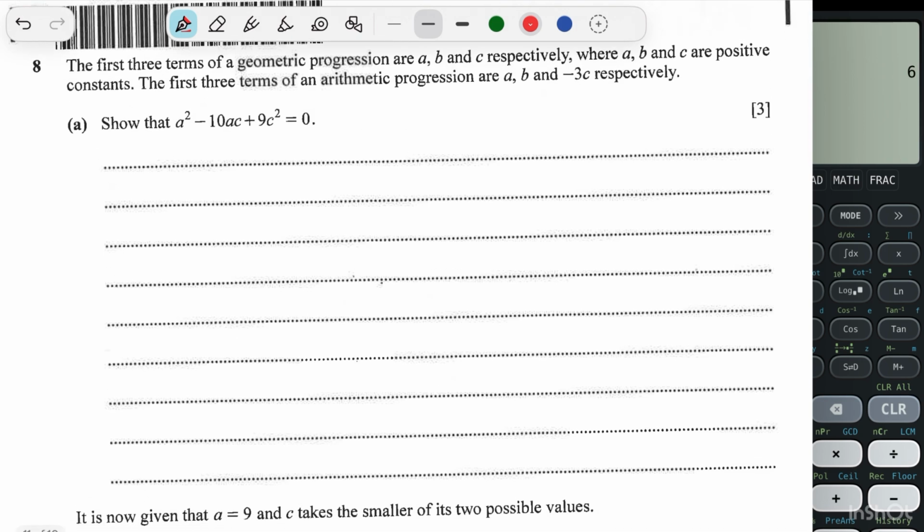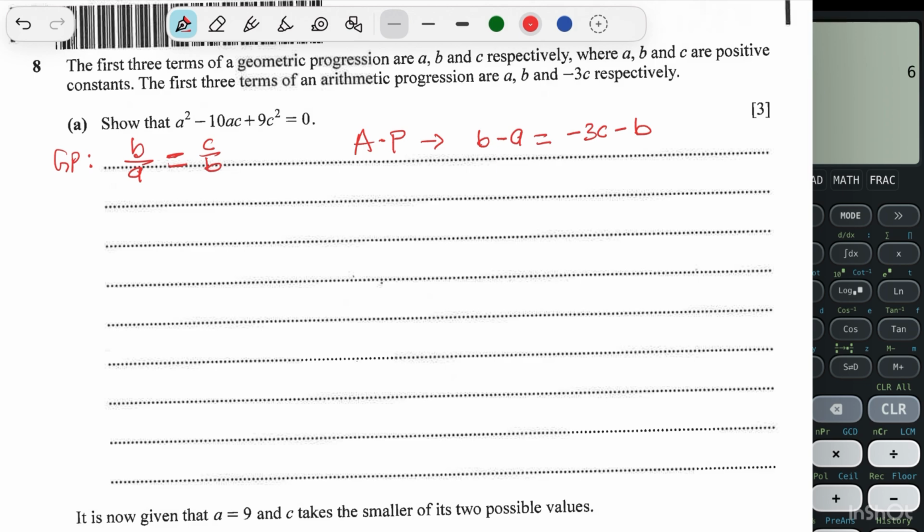So b over a is equal to c over b. This is for the GP. Then for the arithmetic progression, b minus a is equal to minus 3c minus b.